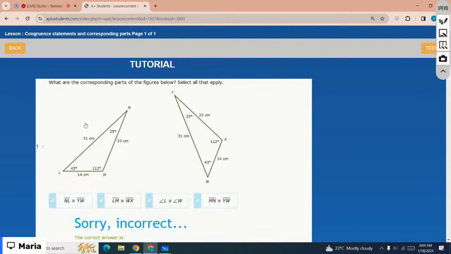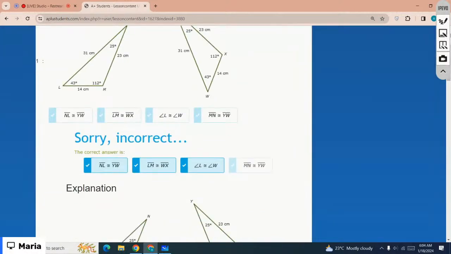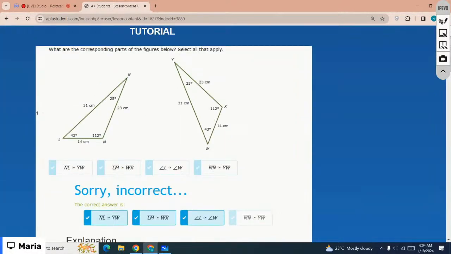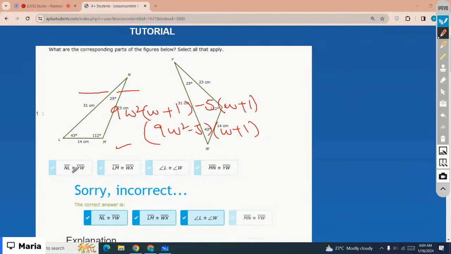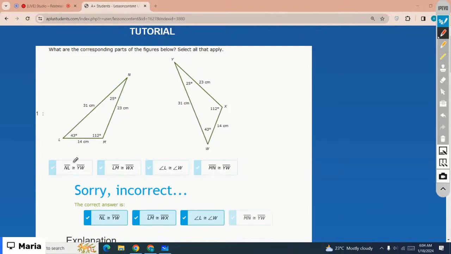What are the corresponding parts of the figure below? Select all that apply. You are given two figures, and you have to see if these sides are congruent. NL is congruent to YW.